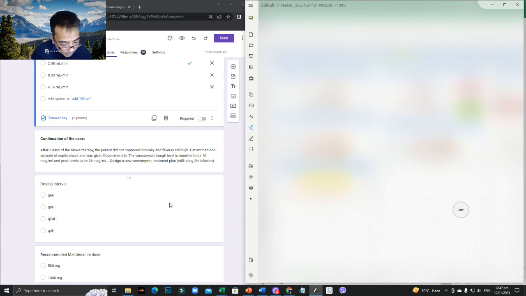First things first, let's get your K, because that's the most important thing to get here. That's simply ln C1 minus ln C2 over tau minus infusion time minus the distribution phase, which is also 2.